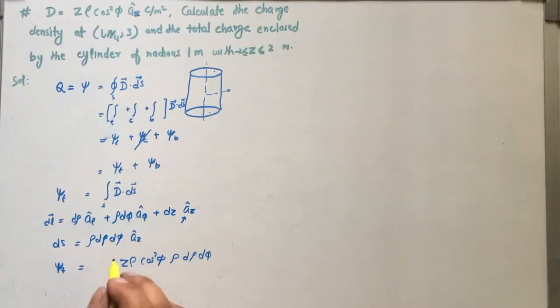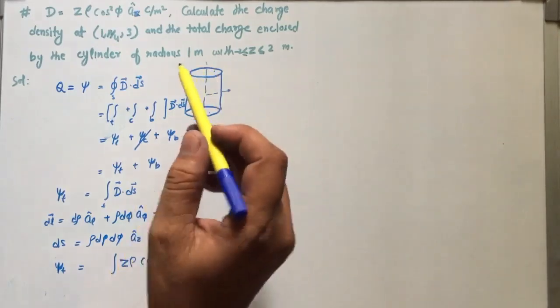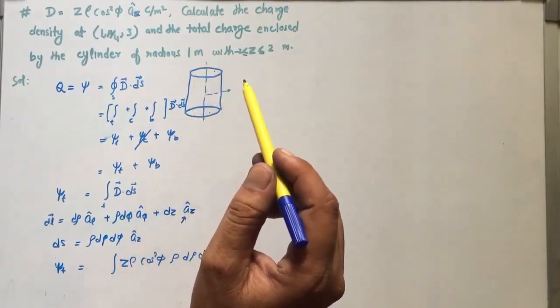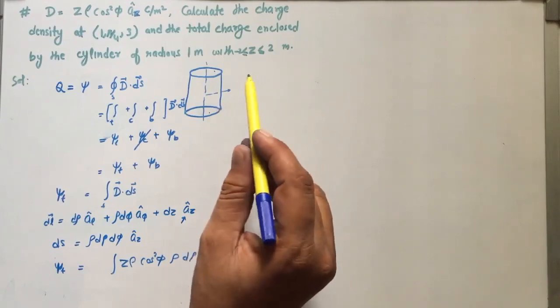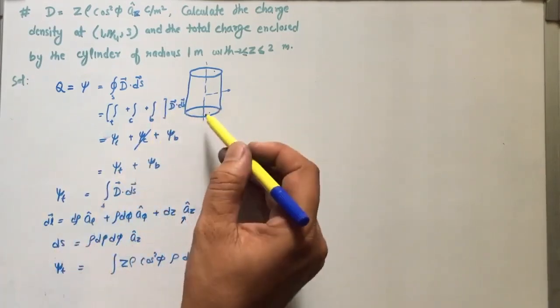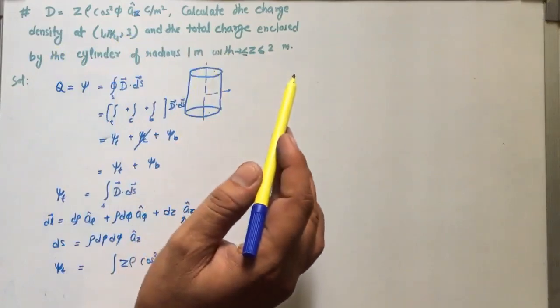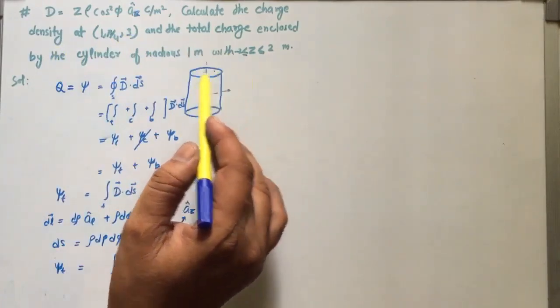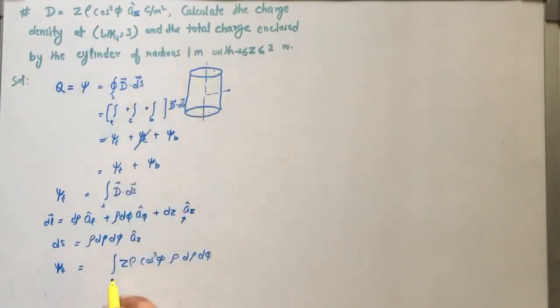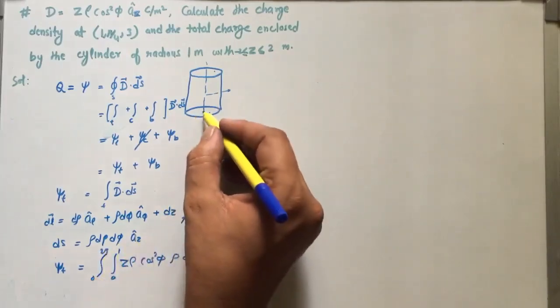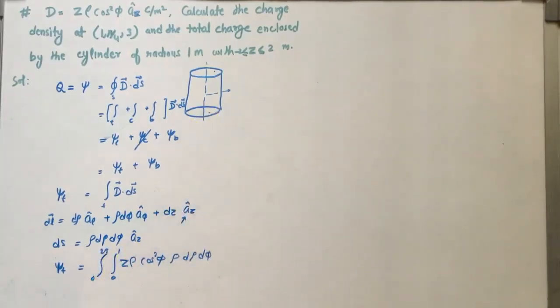Rho is varying from 0 to 1, for a cylinder of radius 1, and phi, we know, varies from 0 to 2 pi. In this way we can find the total flux from the top surface.